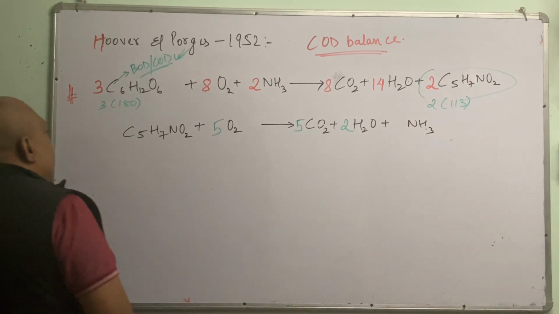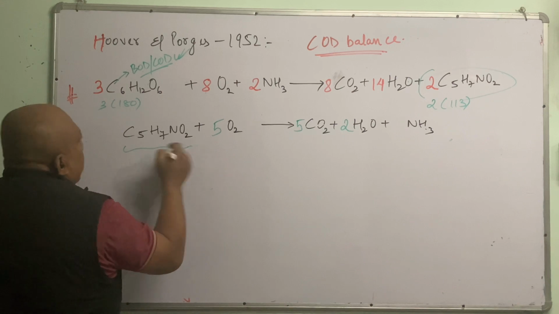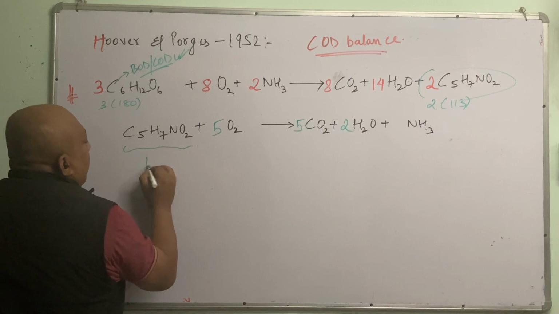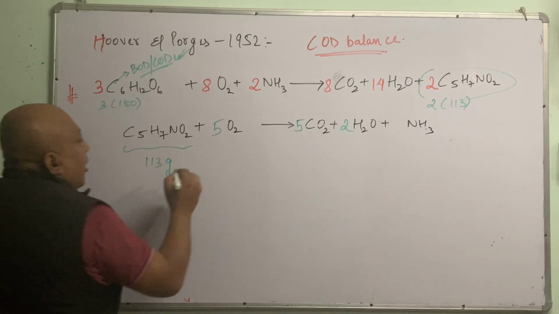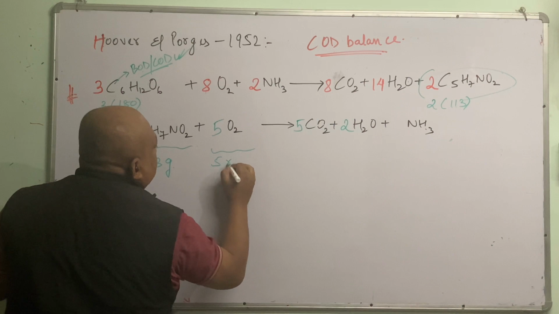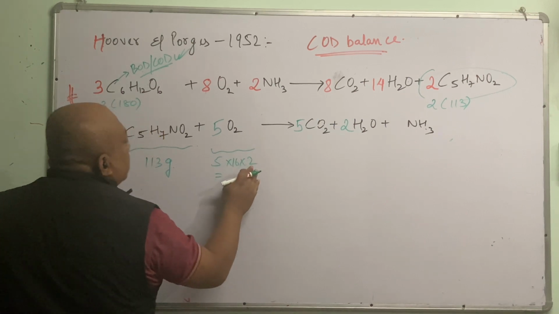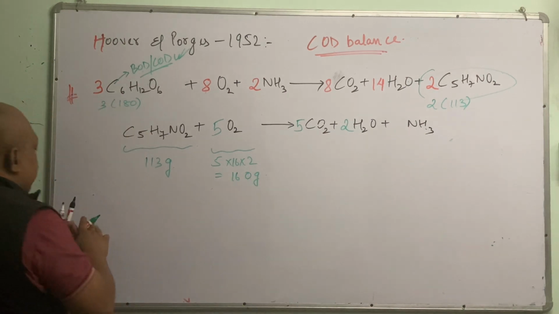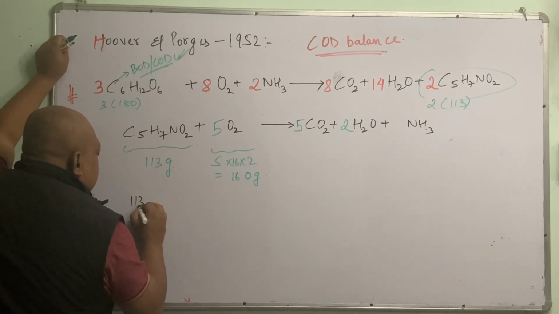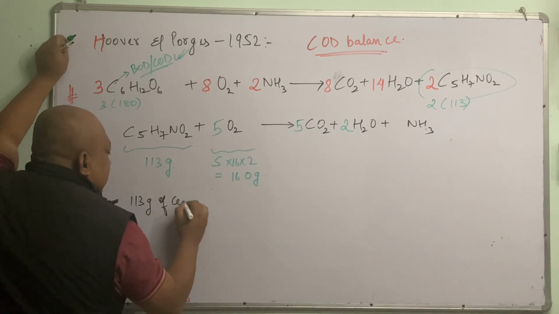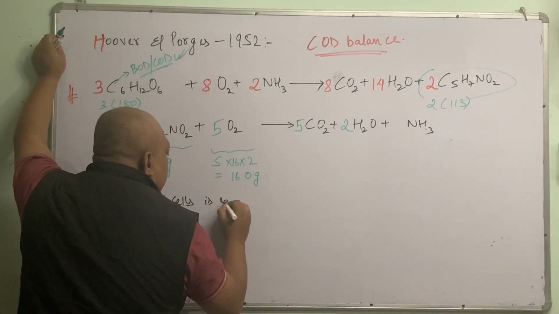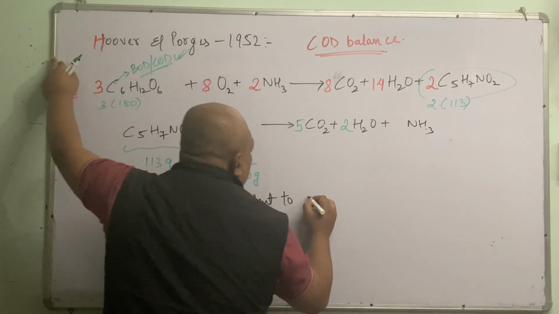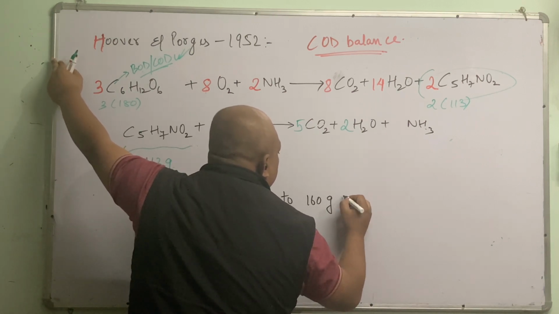Okay. So can I say that C5H7NO2, how much gram was that? It was 113 grams. And how much is this? 5 into 16 into 2, which is 160. That means can we say 113 grams of cells is equivalent to 160 gram of COD.